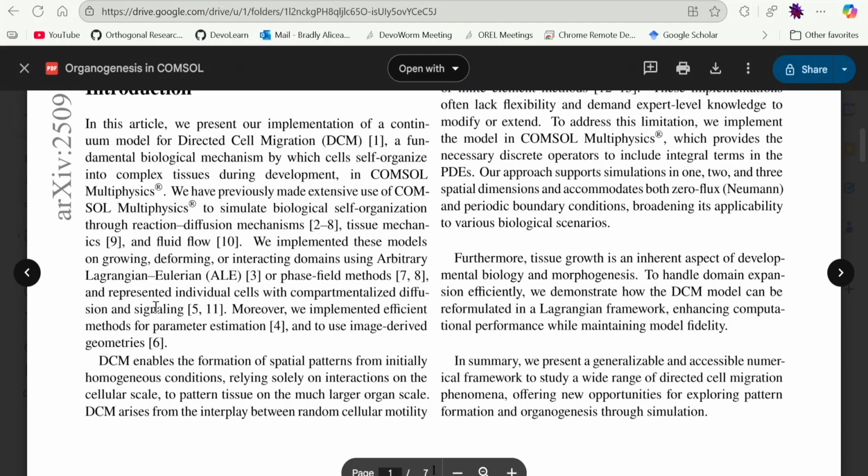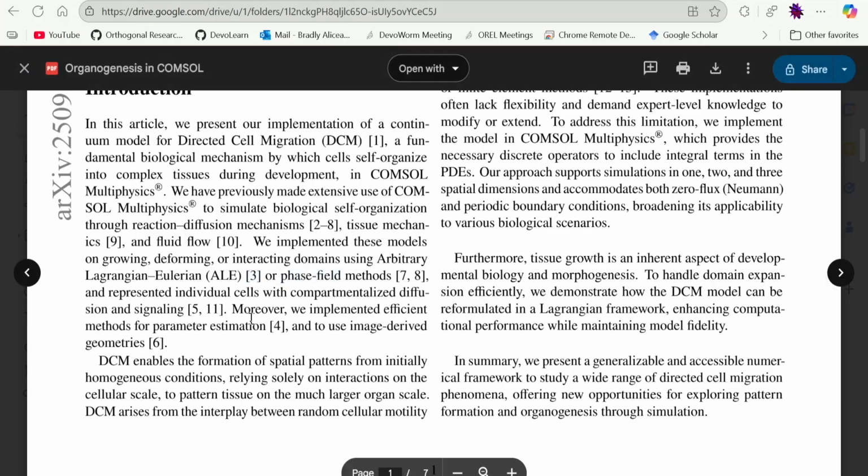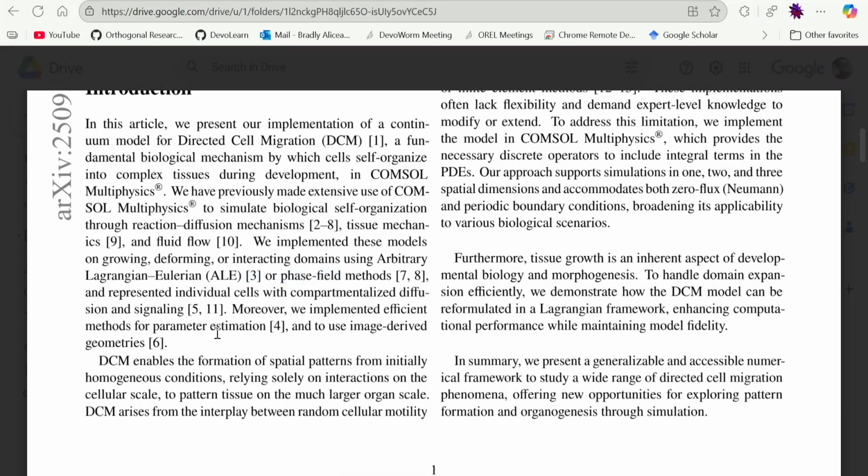Of course, development is a growing, deforming, and interacting domain, all three. They use these methods, arbitrary Lagrangian Eulerian, which is citation 3, and then phase field methods, 7 and 8. We talked about those references already. They represent the individual cells, but also with compartmentalized diffusion and signaling. So you have a number of cells in a compartment, and then you link those compartments together.